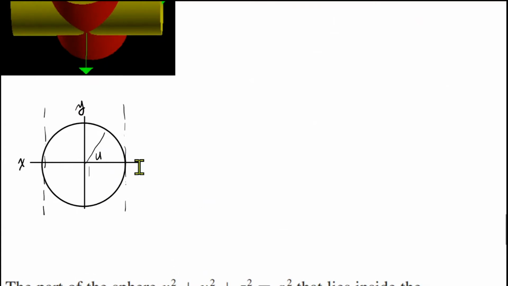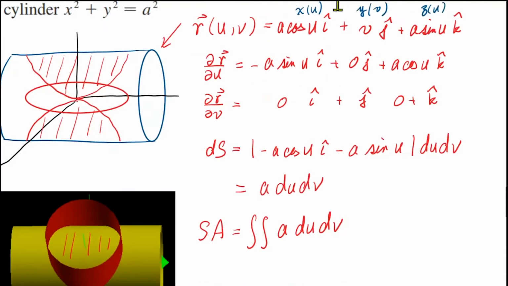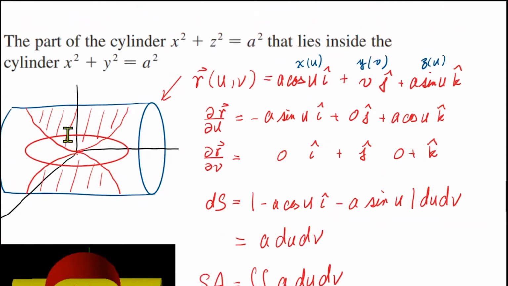Would that work? U has to vary from 0 to 2 pi from the way this thing is set up. I'm having a little problem varying V. V is just going out. I think that'll work. V is just, so our domain is from the YZ plane.